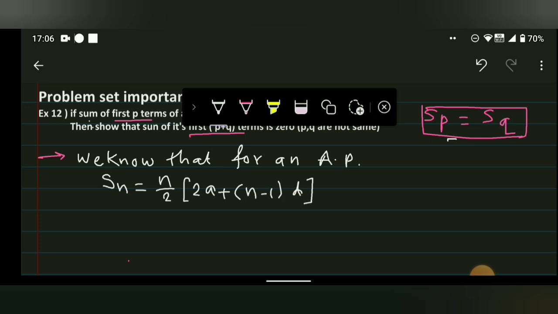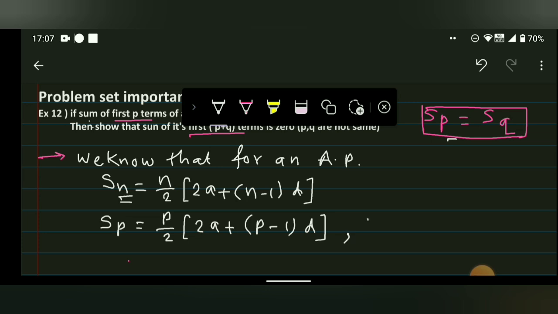This is the formula for the first n terms of an arithmetic progression. By using this formula we can get the formula for Sp as well as Sq, by replacing n by p and q respectively. So one can easily write Sp equals p upon 2 into bracket 2a plus (p minus 1) into d, bracket close.